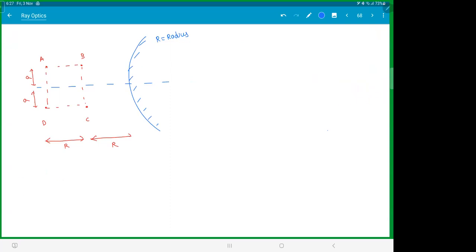So let's find for A first. For point A, 1 by V plus 1 by U, U is minus 2R. Focal length is R by 2. So 2 by R plus 1 by 2R is 5 by 2R. So V is equal to 2R by 5.